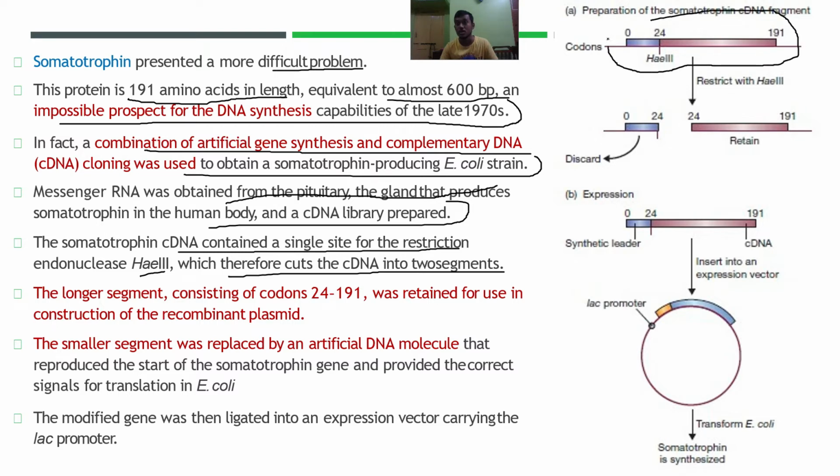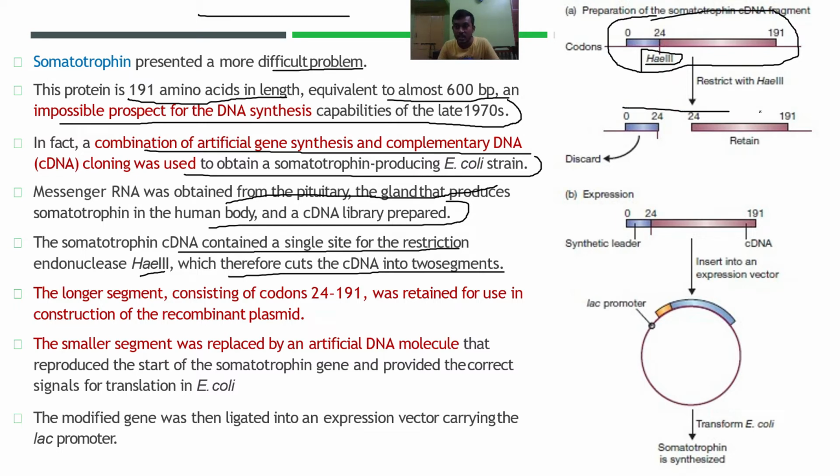The first process for production of recombinant somatotropin is preparation of the somatotropin cDNA fragment from the cDNA library, which contains a HaeIII restriction endonuclease cleavage site that cuts the cDNA into two segments.